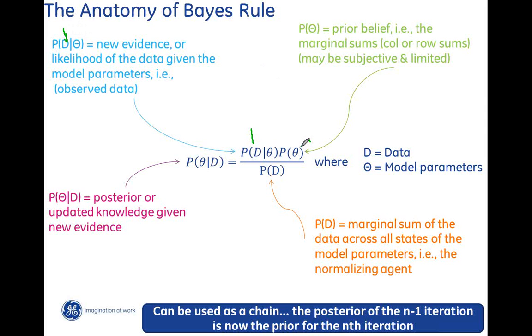So the total beliefs that you have in the actual parameter set itself that you already had, so it's already pre-informed. So it's your prior belief. This is where you can introduce possibly some evidence that you have based on experience, right?